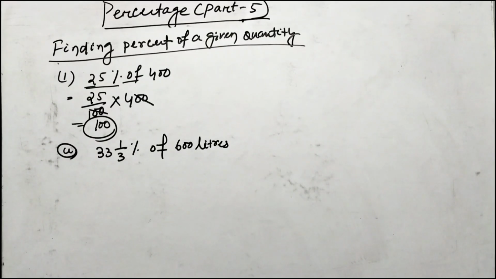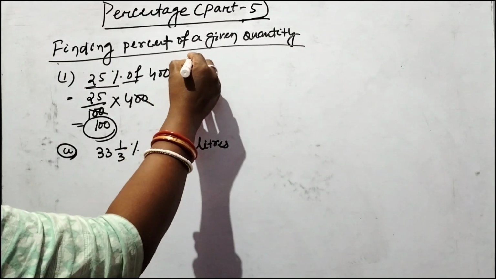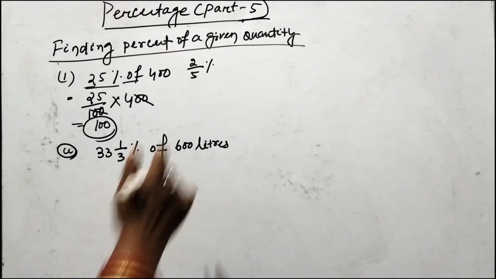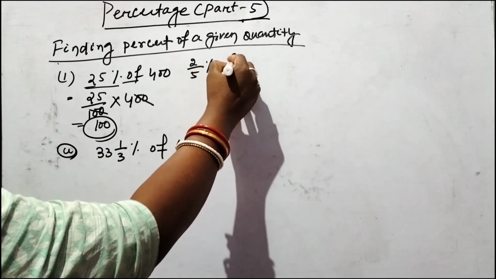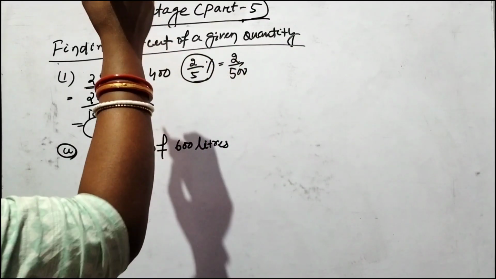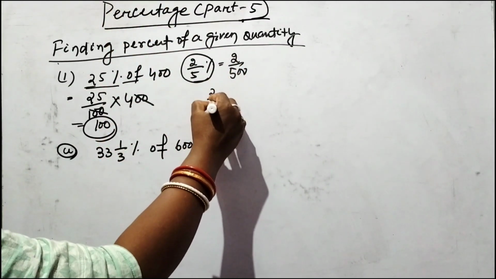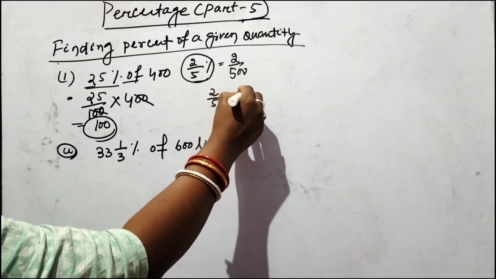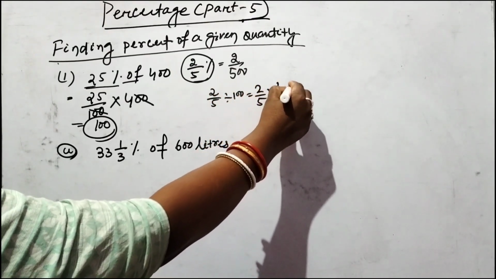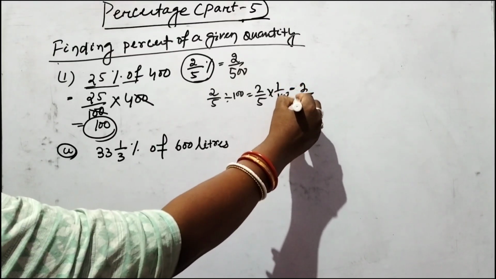If there is a fractional percentage, like 2 by 5%, you can write 2 by 5 divided by 100, that means 2 by 5 into 1 by 100, so it is 2 by 500.